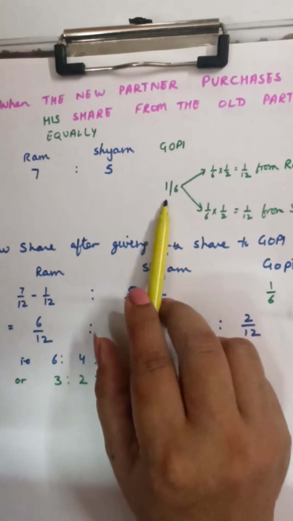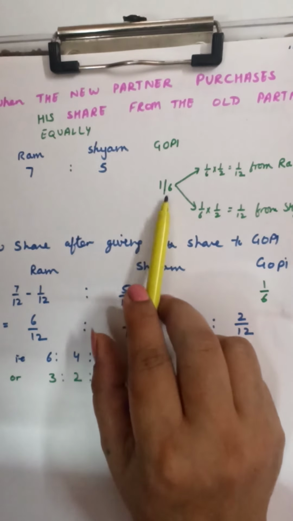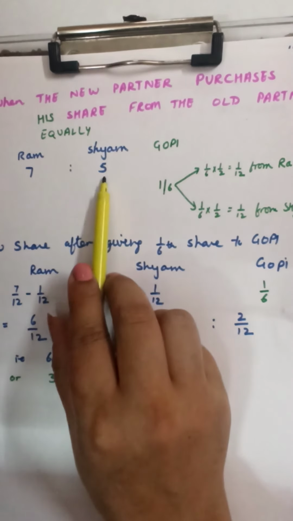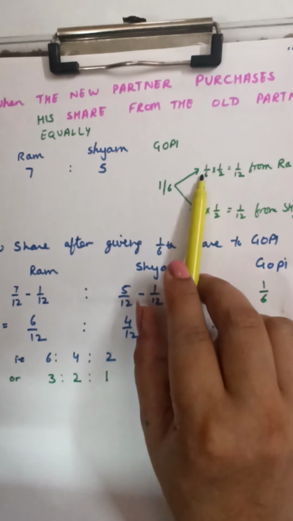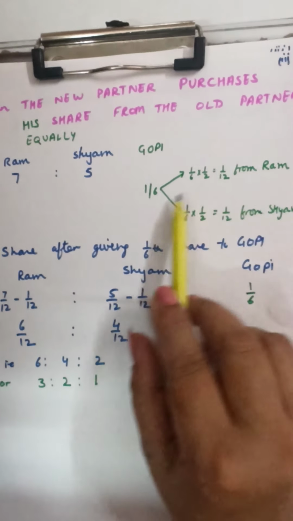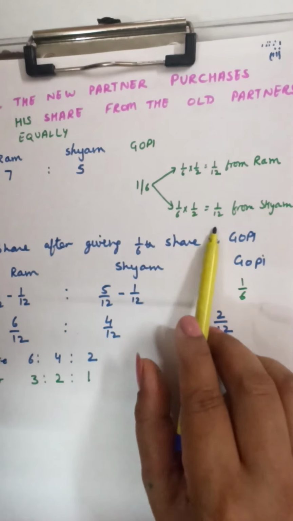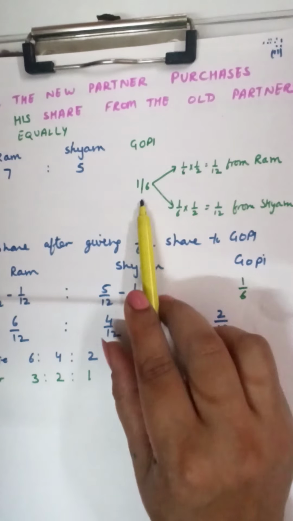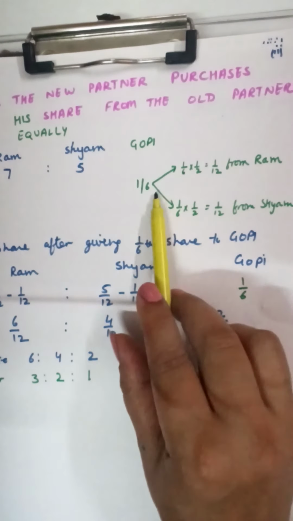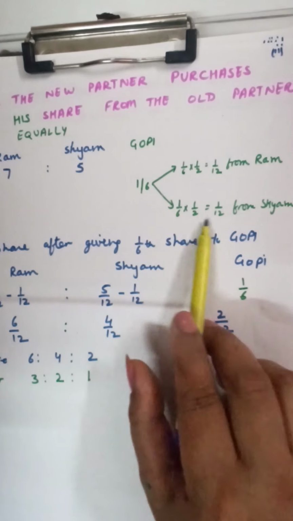They admit Gopi with 1/6 share, which he acquires equally from Ram and Sham. That means half of 1/6, that is 1/12 from Ram, and half of 1/6, that is 1/12 from Sham.